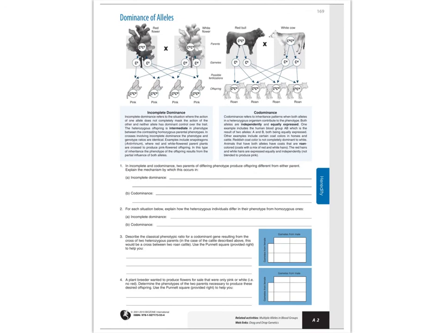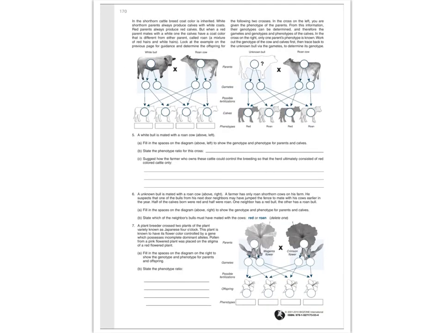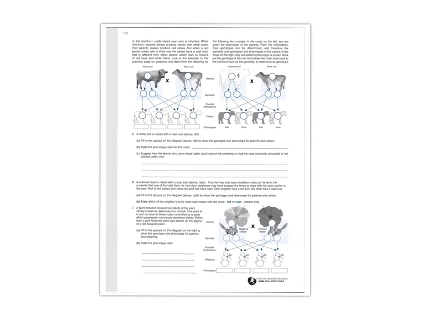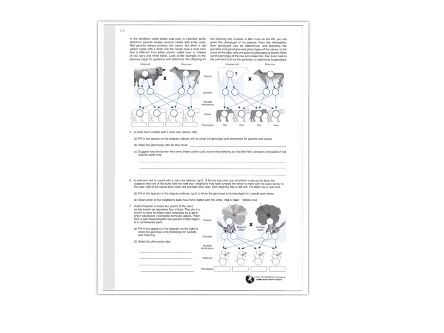Incomplete dominance and codominance we did in class yesterday. So again, you should be able to fill that out pretty quickly. Same thing goes with this section. By the way, when they say that this cattle here is a roan, they mean there's two different colors, right? There's a brown and there's a tan.